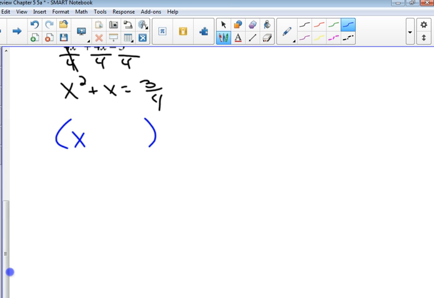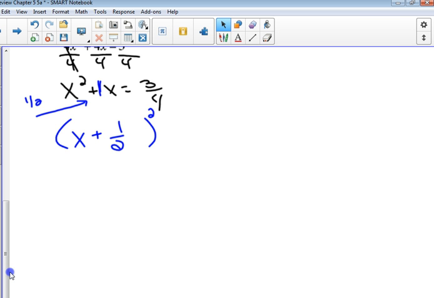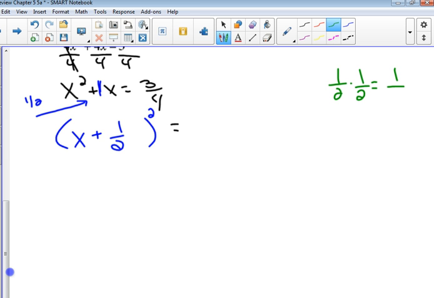Maybe x plus 1. Good job, Frida. Yep, because there's a 1 here, so if we take half of 1, it's really just 1/2. When you guys square 1/2, 1/2 times 1/2 is going to be what? 1/4.